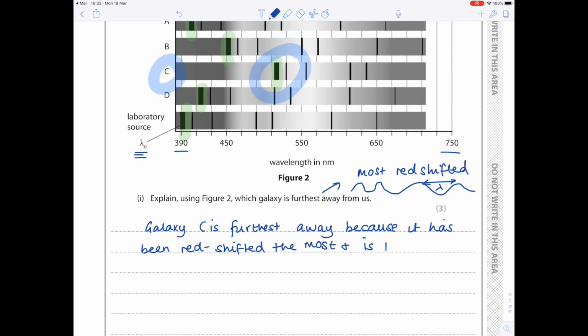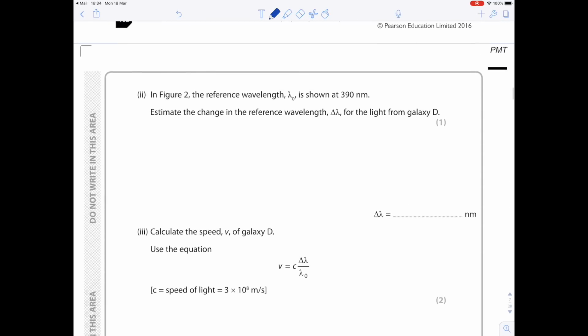And is therefore travelling at the fastest speed. Cool, and that is done.